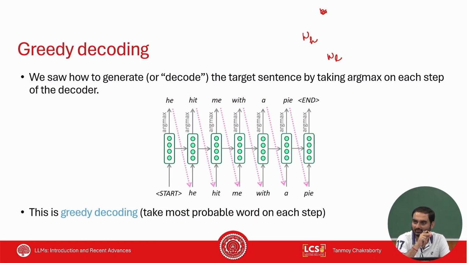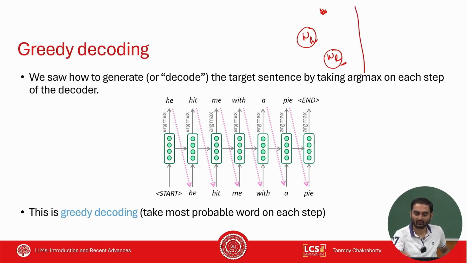That is not there in the encoder, because at the encoder stage you are not predicting anything. So you need a WH and a WE. WE is the weight matrix corresponding to the embeddings. And at the decoder stage, what are the matrices? WH dash, WE dash, and U. Okay, and these matrices are learned during the training time.